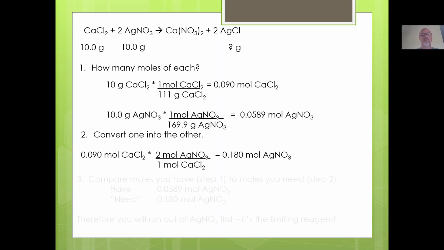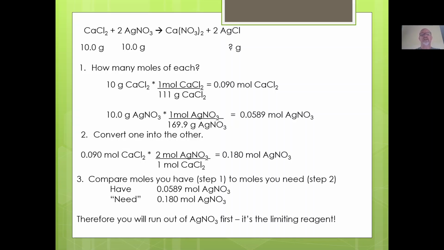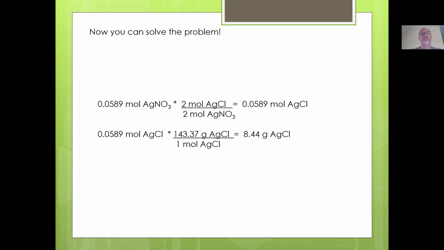But as you see already, when I compare that to what I actually have, what I was given in the reaction, I don't have that. I'm going to run out of the silver nitrate first, because I have less than what I would need to go with all the calcium chloride I have. So I'm going to run out of AgNO3 first. That's my limiting reagent.